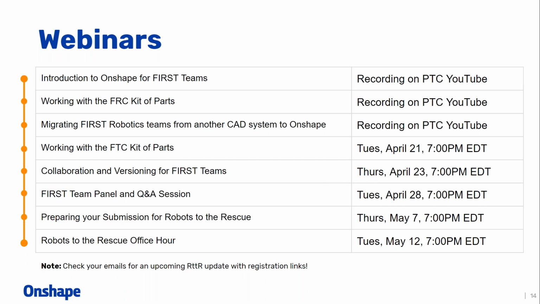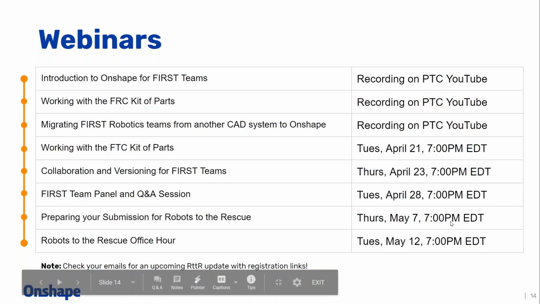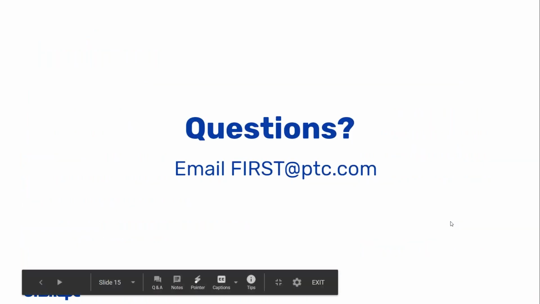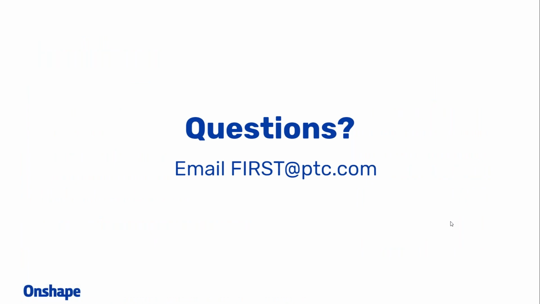Then we'll have a team panel where multiple teams experienced in using Onshape will come on, answer some questions, and give their best tips for using it with their team. Then we'll have a session on preparing your submission, and an office hour session where we can answer any questions you have. At any time, feel free to email first@ptc.com with any additional questions.